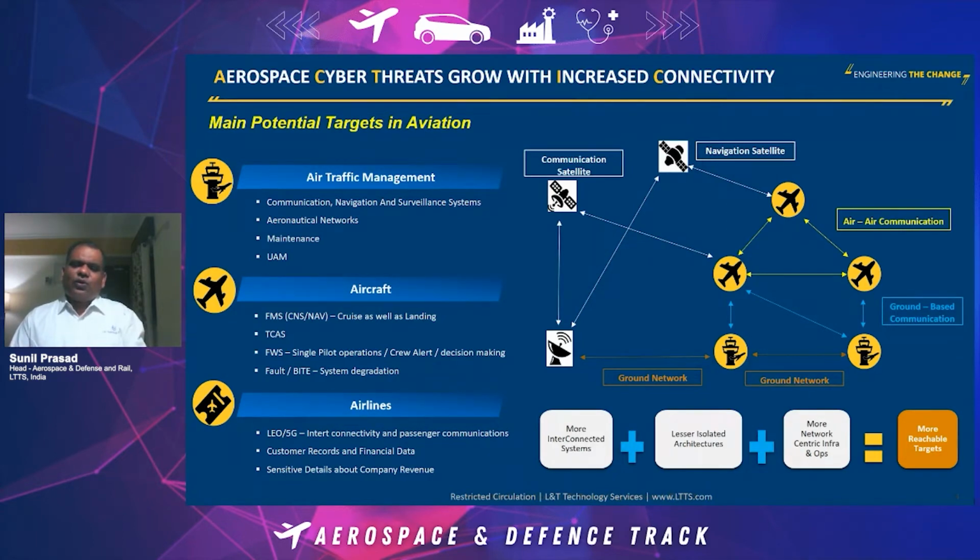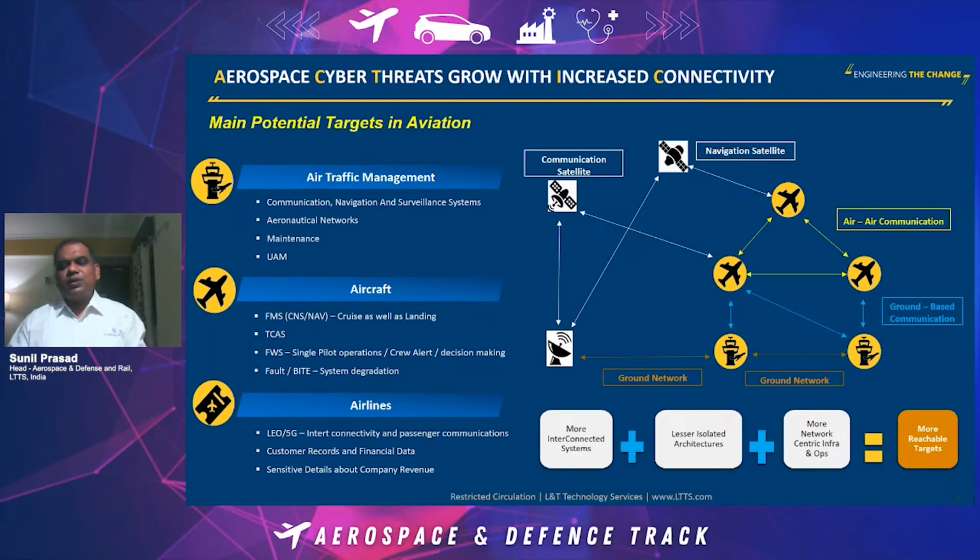A lot of different kinds of networks are involved. Things are stored over the cloud, so instead of local on-premises storage, things are stored over the cloud. There are software updates which will be required over the cloud. So when all of this happens, more and more vulnerabilities are exposed.